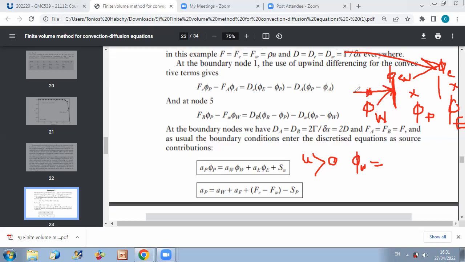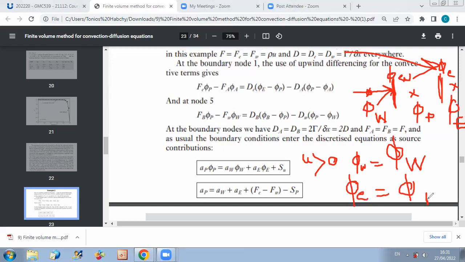What is the value which will be transported towards the face at west? يلا, who can answer me? No answer? Phi west. Yes, phi west. Okay. And if I want to compute phi at east face, I will put what? Phi p. Very good, phi p.